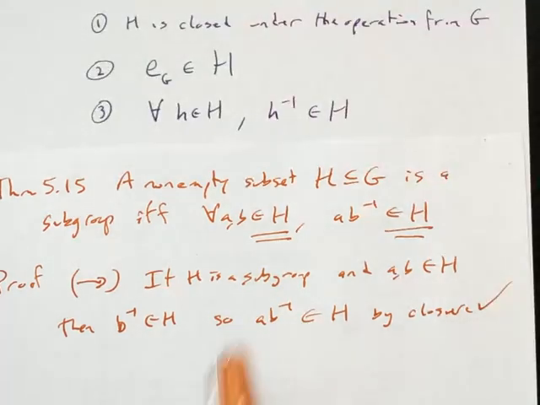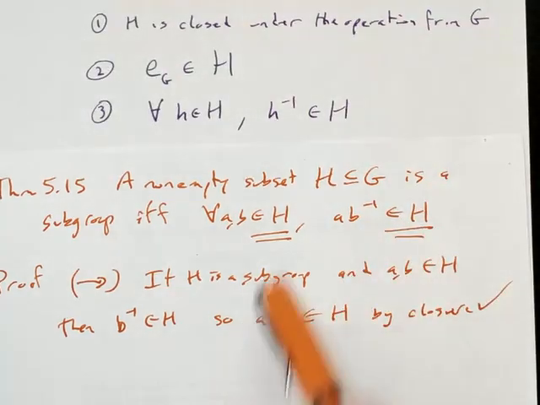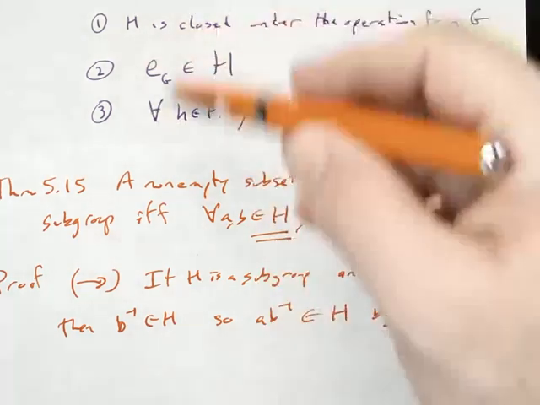Means I have to start with A versus an H for all AB, and all 3 properties.